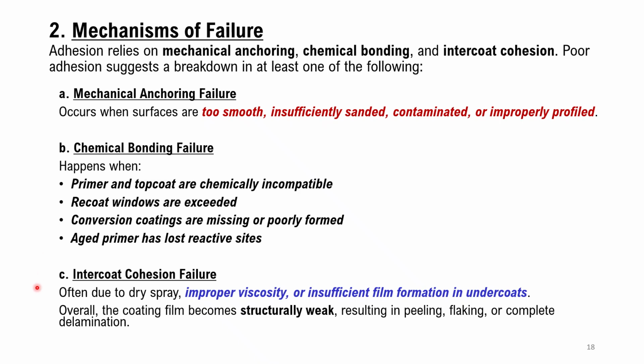And finally, in the third case, it is intercoat cohesion failure, often due to dry spray, improper viscosity, or insufficient film formation in undercoats. Overall, the coating film becomes structurally weak, resulting in peeling, flaking, or complete delamination.